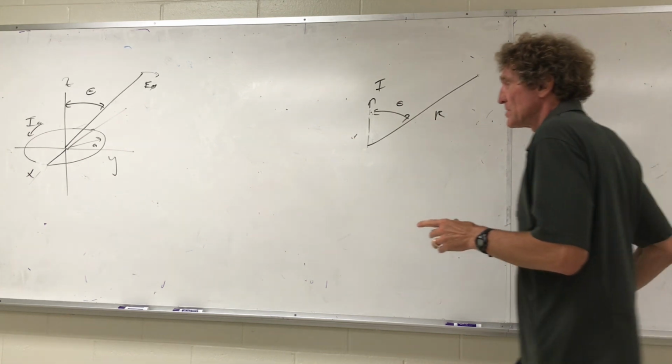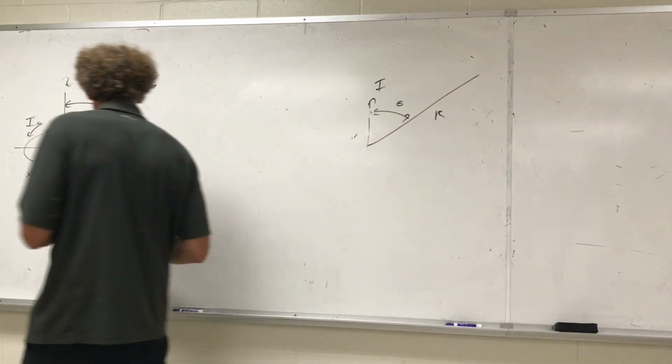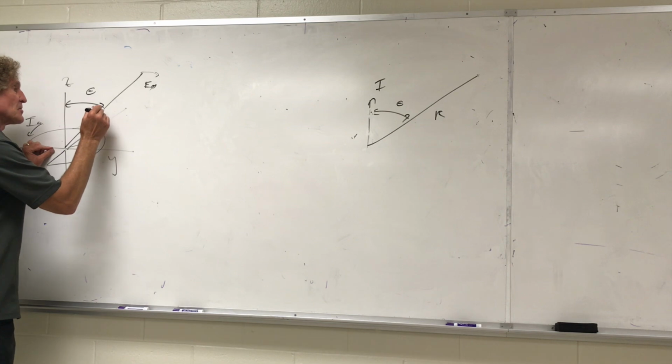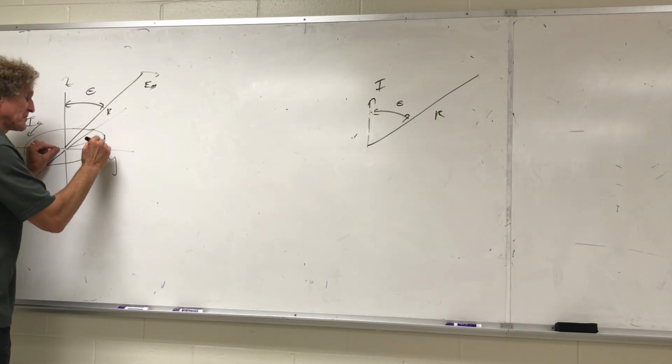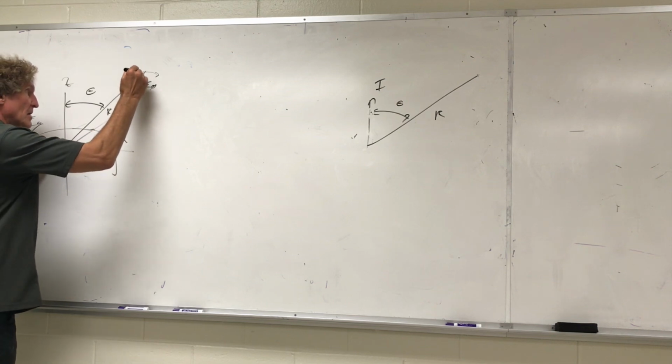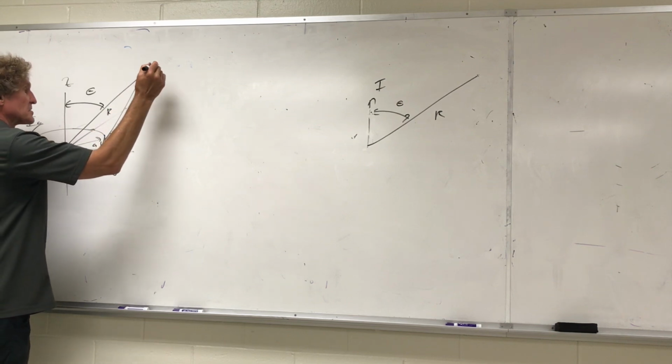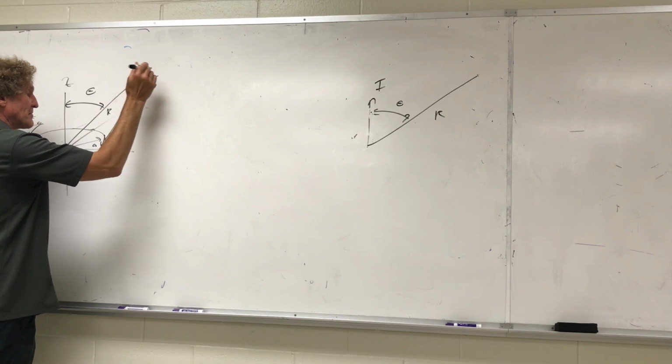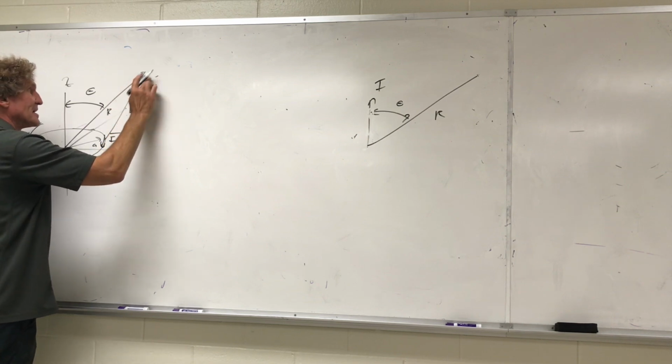Here's what they normally do. Then I'll tell you why we don't do it, because the integration is a mess. If this is R, what he's going to say is if I have a differential current I dl here, it's going to give rise at R prime to some differential magnetic vector potential. It has to be in that direction.